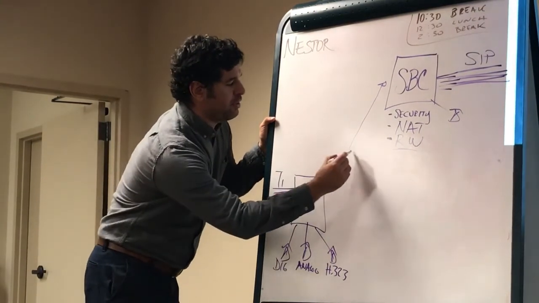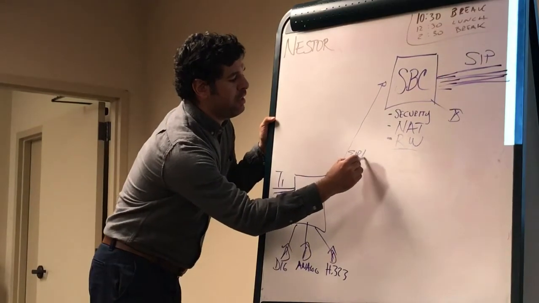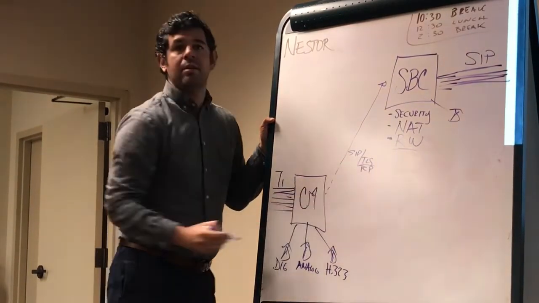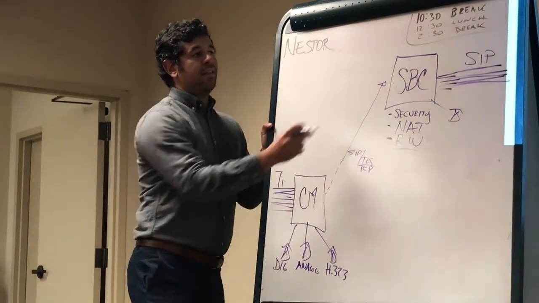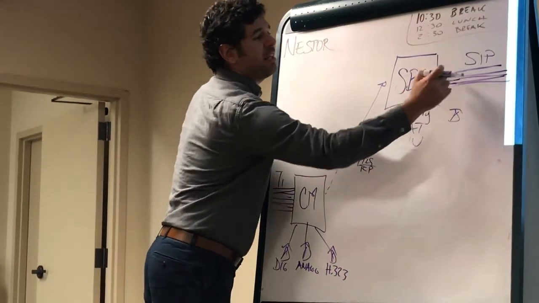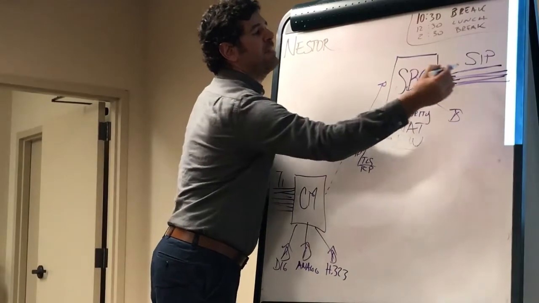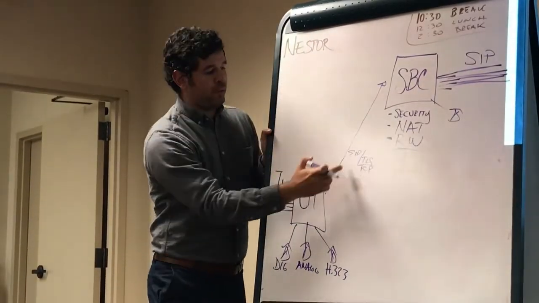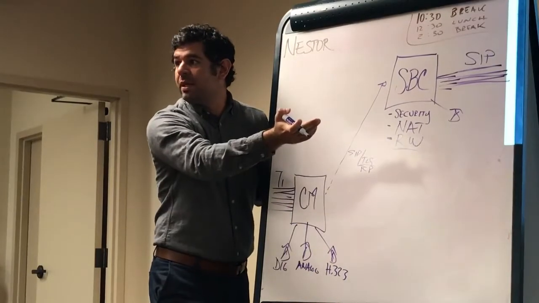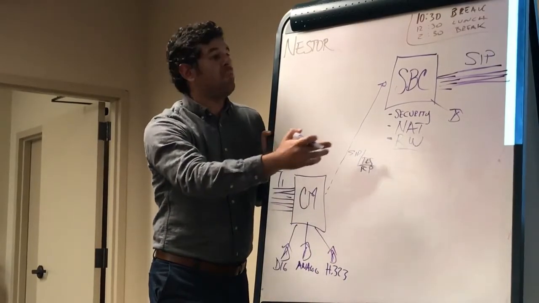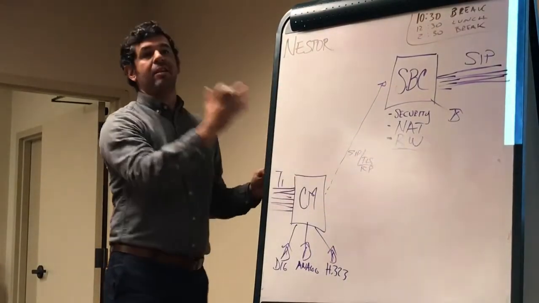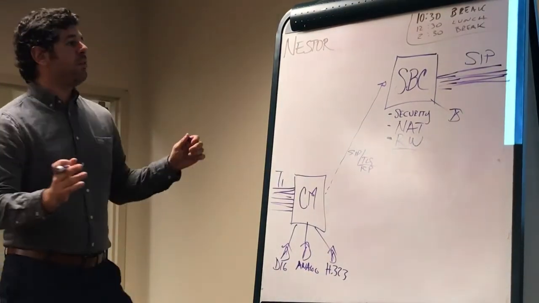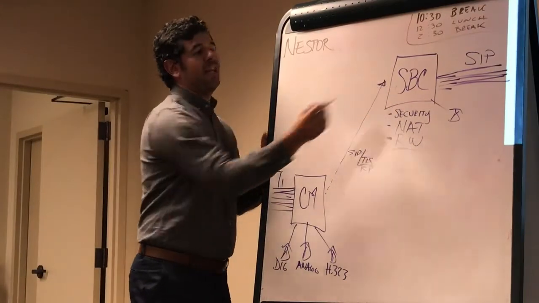CM only supports SIP over either TLS or TCP. And usually these trunks carry SIP messages over UDP. So the SBC would convert between either TLS or TCP to UDP. Okay? And then you could benefit from those SIP trunks, which are going to be cheaper for you, as long as you have the SBC.